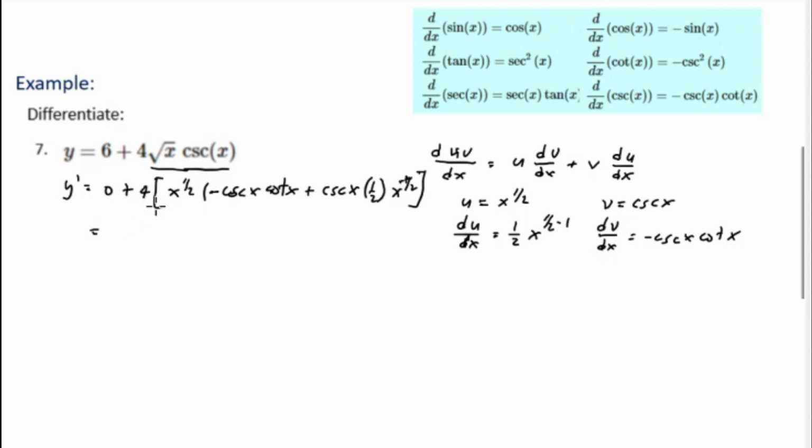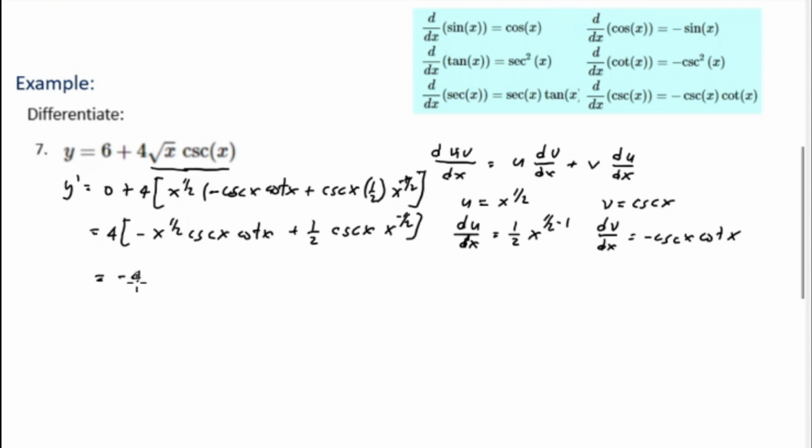So cancel out. Then 4, negative x to the 1/2 cosecant of x cotangent of x, plus 1/2 of cosecant of x times x to the negative 1/2. Close parenthesis, and insert 4.